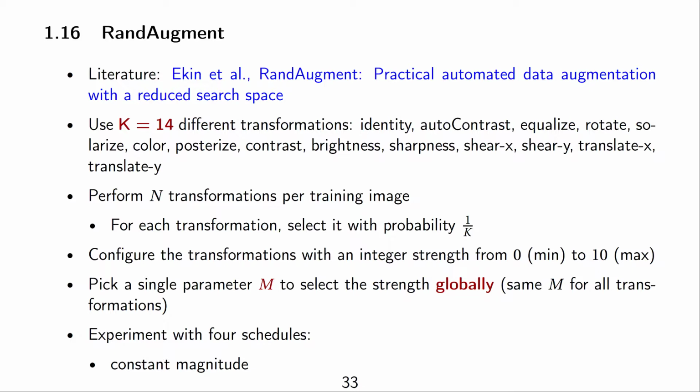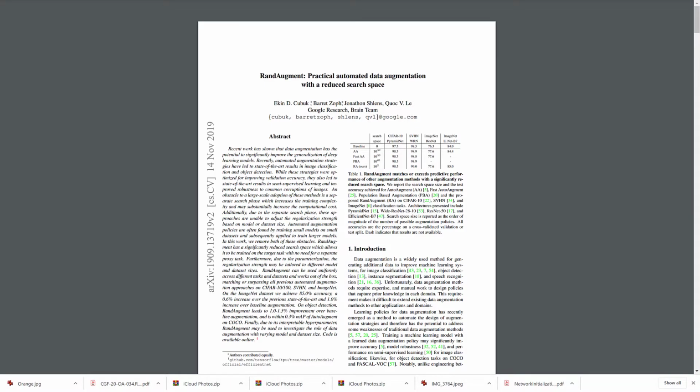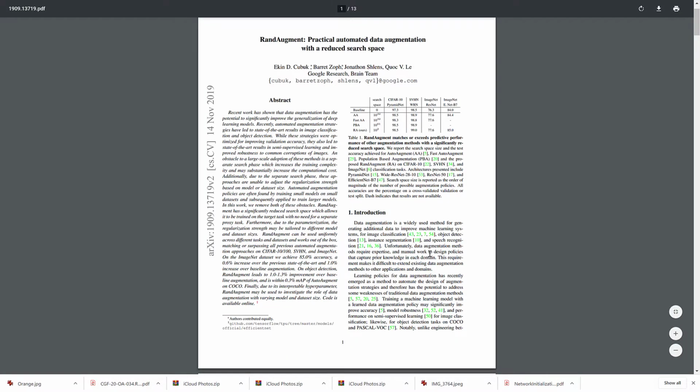Also, they report state-of-the-art results with their much simpler strategy. Now, this type of paper you can only write if you have a very large number of experiments. This group from Google Research are some of the absolute top researchers in practical deep learning.